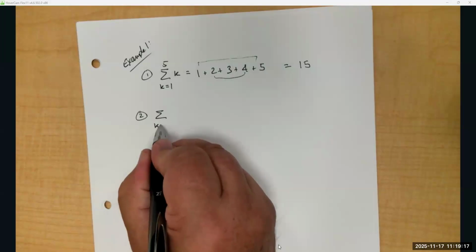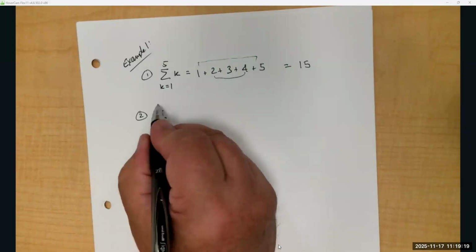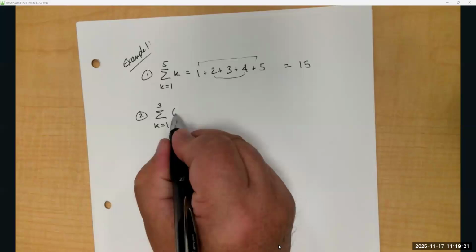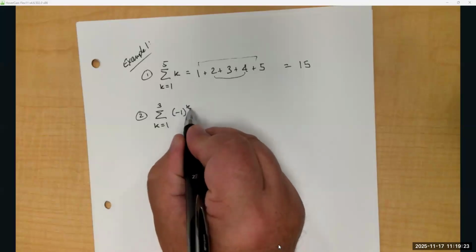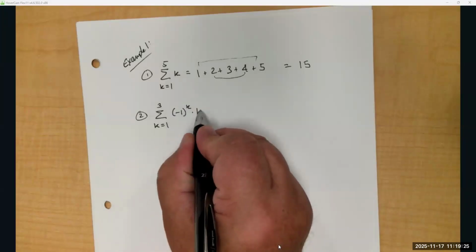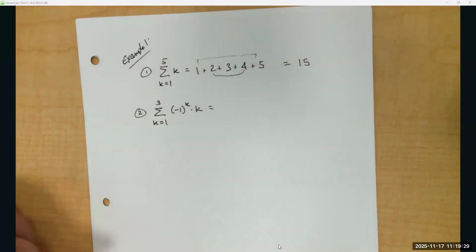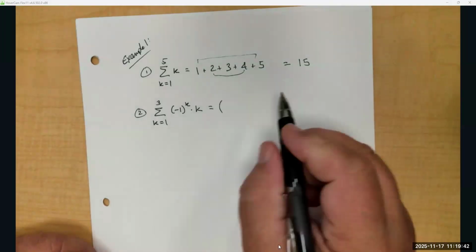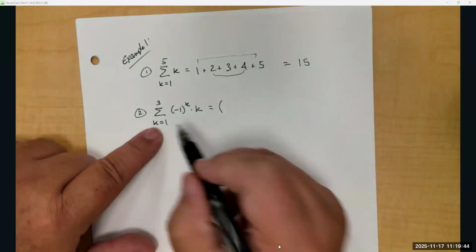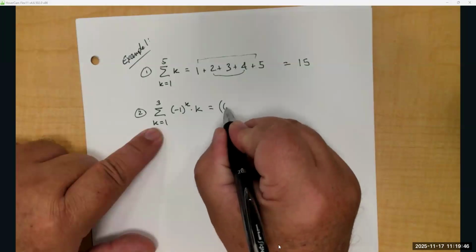Summation of k equals 1 to 3, negative 1 to the k times k. And literally all it is, in each one of these intervals, anywhere you see a k, put a 1 in the first round.